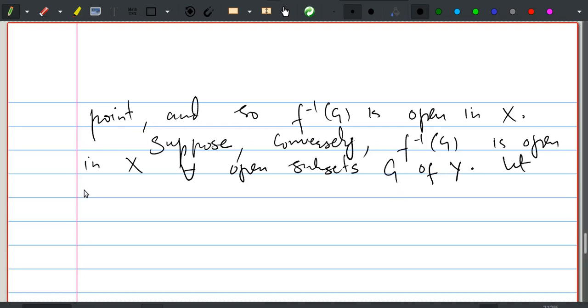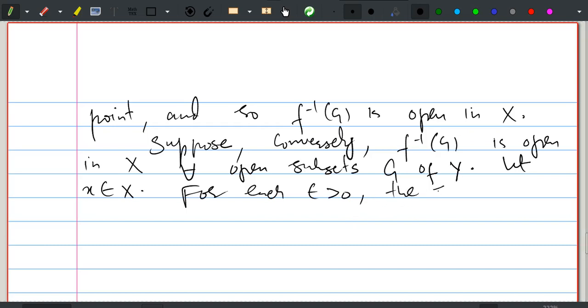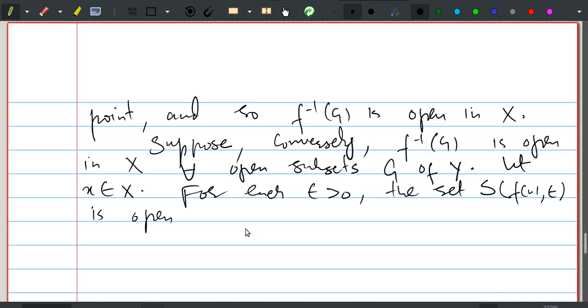Let x belong to X. For each epsilon positive, the open ball centered at f of x with radius epsilon is open, because every open ball is an open set, and so its inverse image, S of f of x, epsilon, is also open in X.